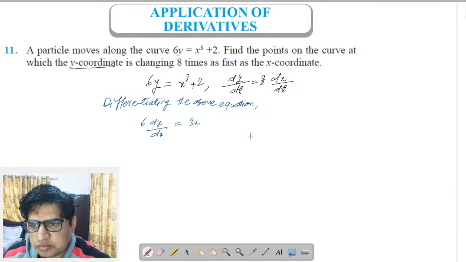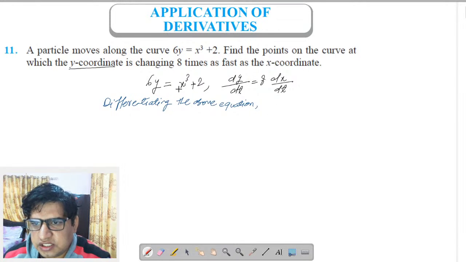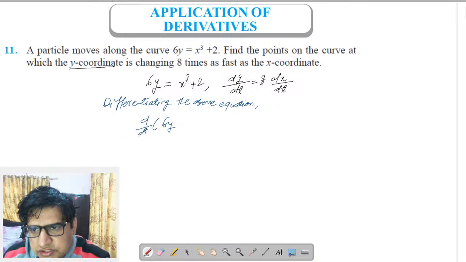There is one more thing that we must notice here: the variables y and x are differentiated with respect to t only. So what does it mean? It means d/dt of 6y = d/dt of (x^3 + 2).